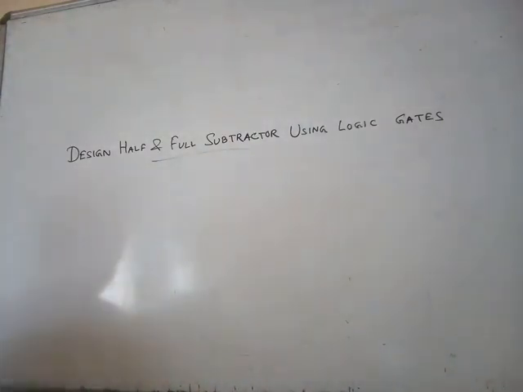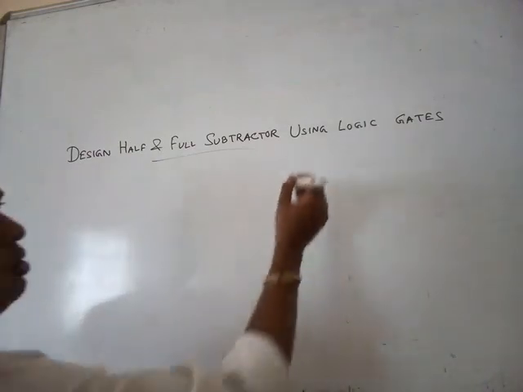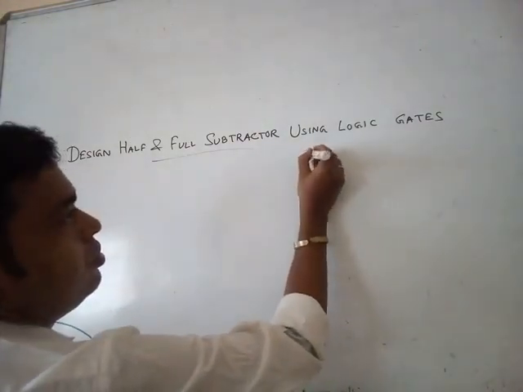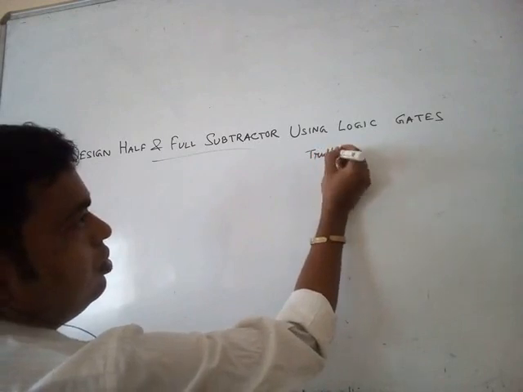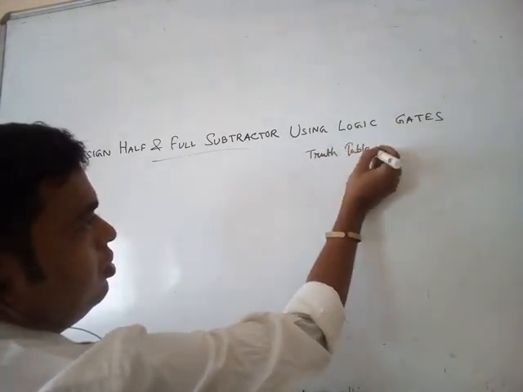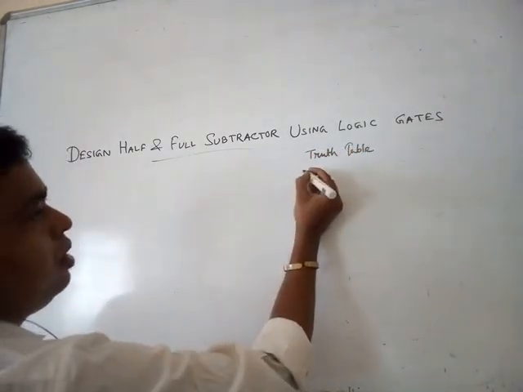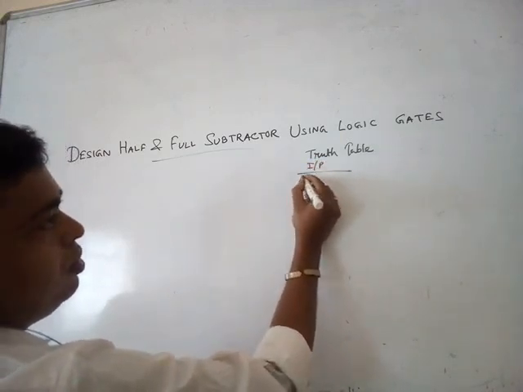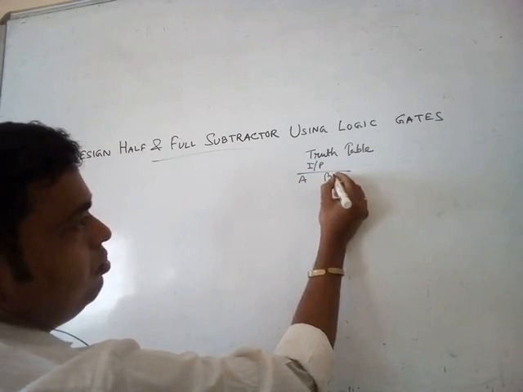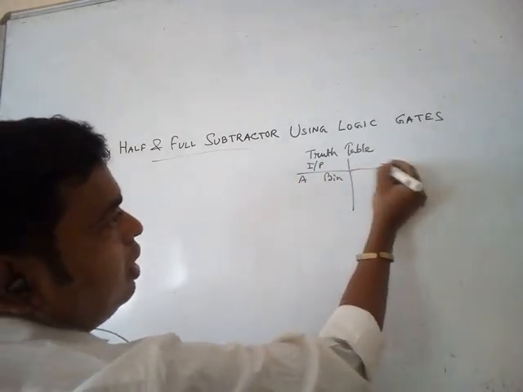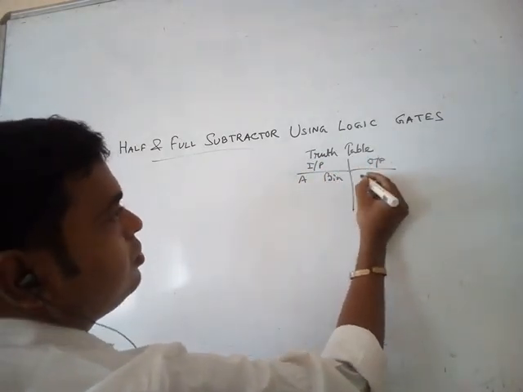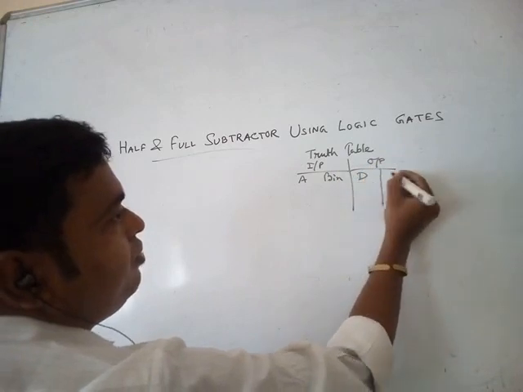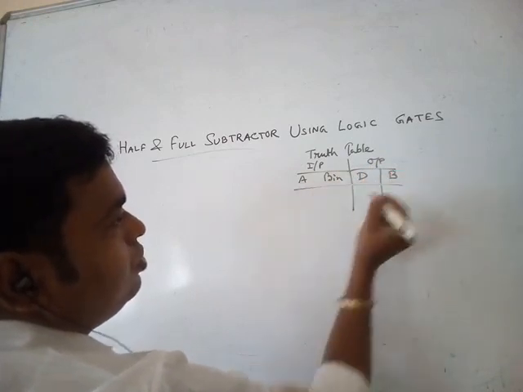First of all, we do the half subtractor using logic gates. The truth table is: suppose inputs A, B in, and the outputs are difference, D for difference, and B for borrow.